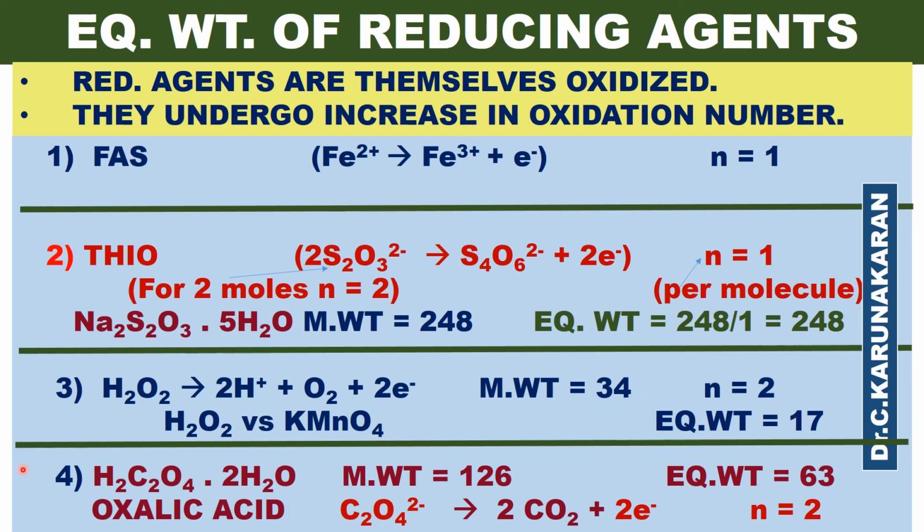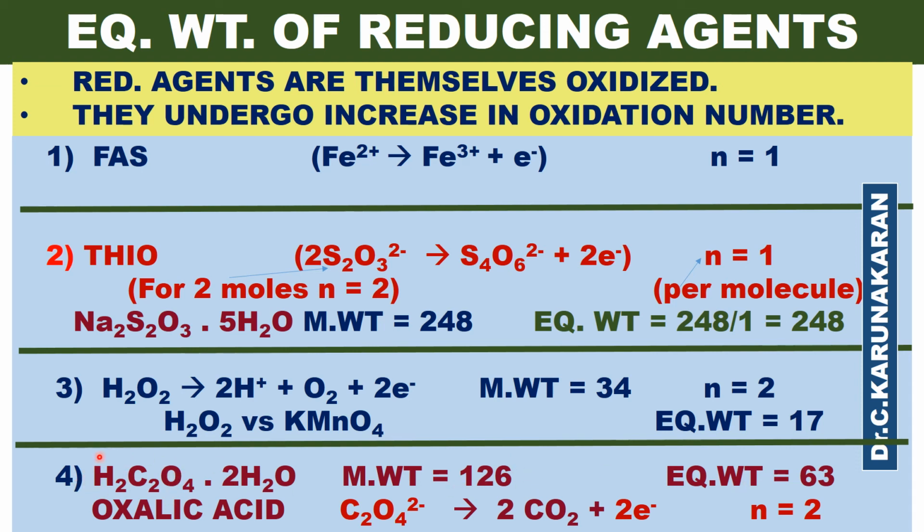Oxalic acid is a dihydrate; you also add the masses of the 2 water molecules, so the molecular weight equals 126. In oxalic acid versus sodium hydroxide, an acid-base titration, there are 2 replaceable protons, 2 ionizable protons. In acid-base titration, the equivalent weight is the oxalic acid molecular weight divided by basicity.